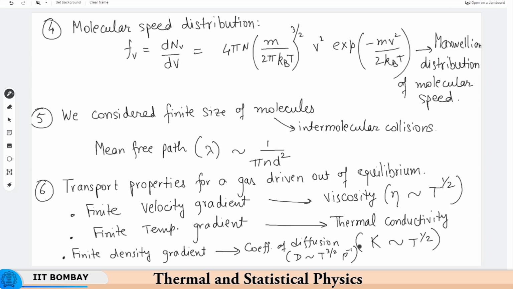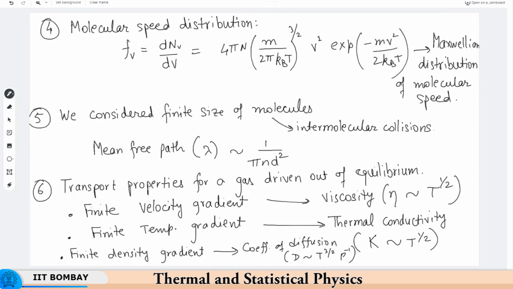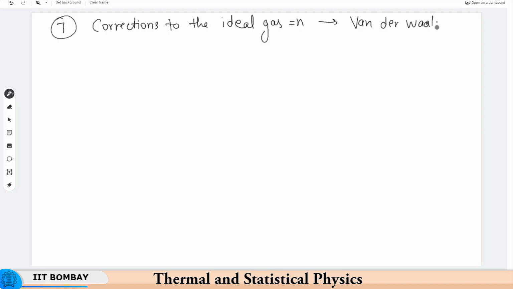All right. And finally, which is point number 7, we did corrections to the ideal gas equation, which we defined as the van der Waals equation of state, right?